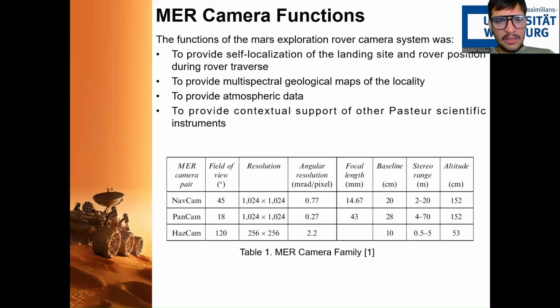In this table, we can see the Mars Exploration Rover cameras family.